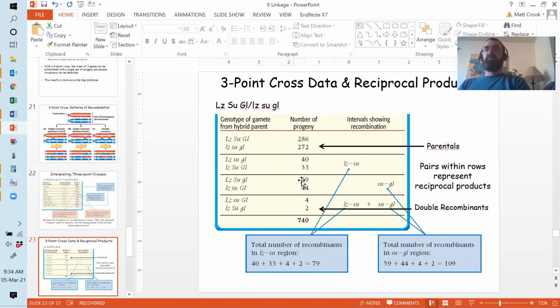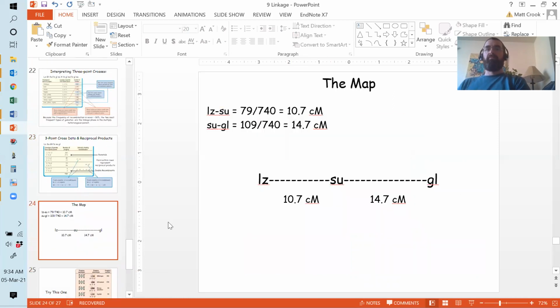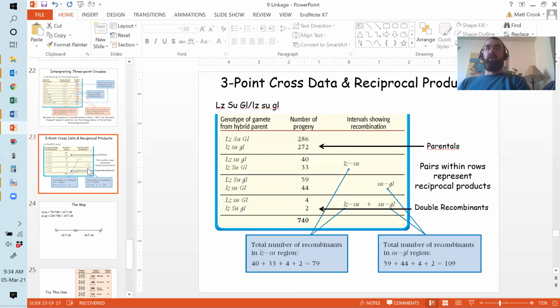So that's 79 divided by 740, which gives us 10.7 centimorgans, or percent, and percent is essentially centimorgans.